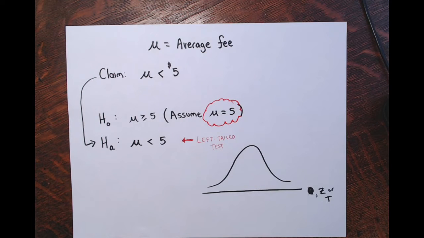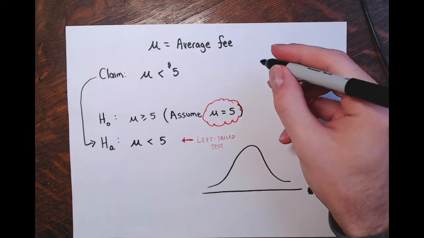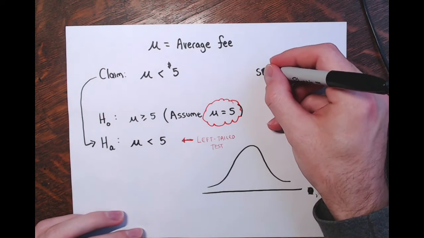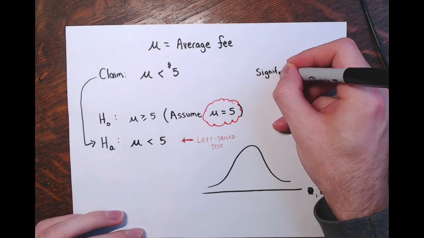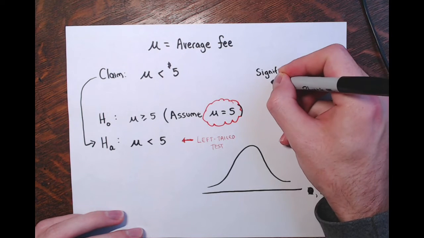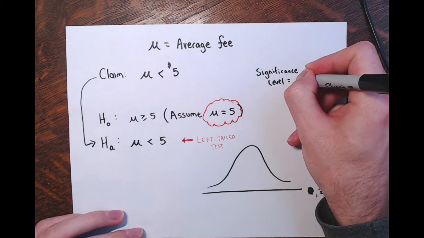All right. Now, when we're talking critical value, remember every test is going to have a significance level, called alpha.